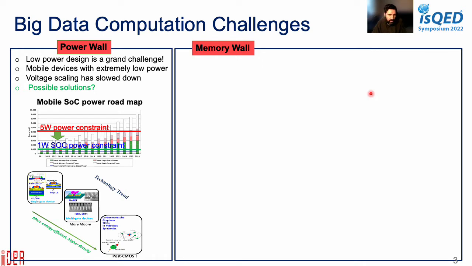There is a lot of research going on to come up with either alternative low power CMOS design or alternative emerging technology for both logic and memory. One possible solution is to exploit the new post-CMOS technologies such as spintronics or phase change memory.